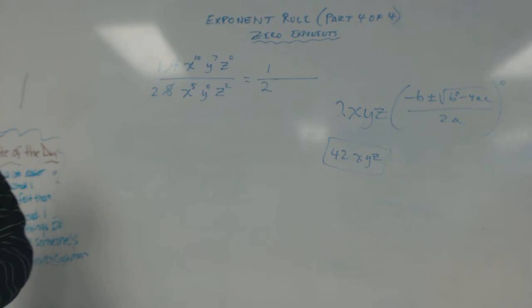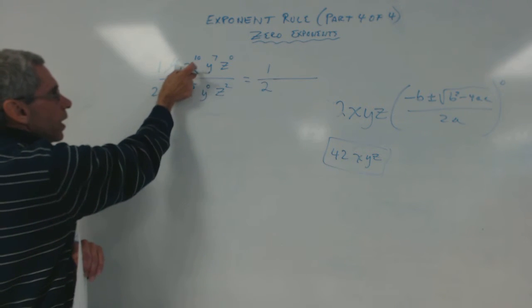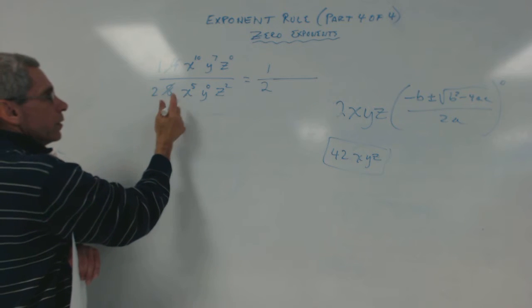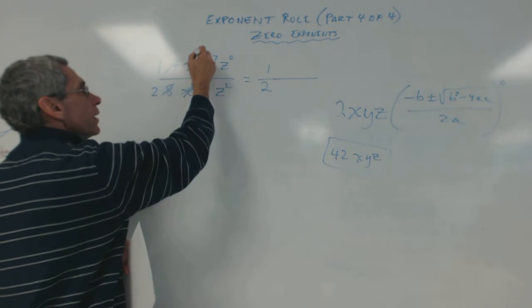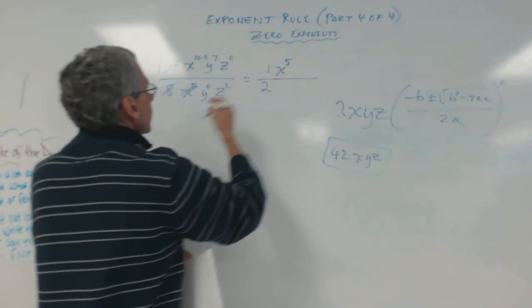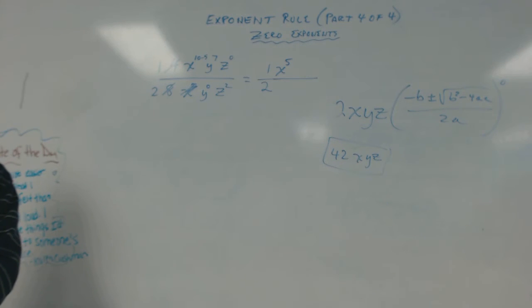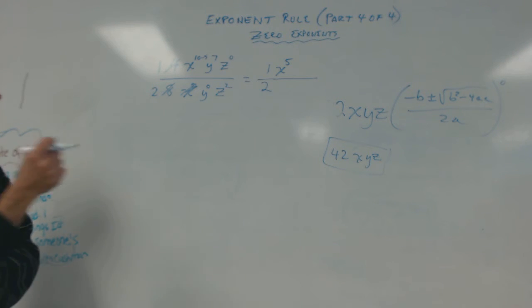Y to the 7th. Let's do this. First of all, London said x to the 5th would be on the top. Is he right? Yeah. If I cross this out, bring up, subtract 5 from that, I've got x to the 5th. But how did this become y to the 6th? It's not.